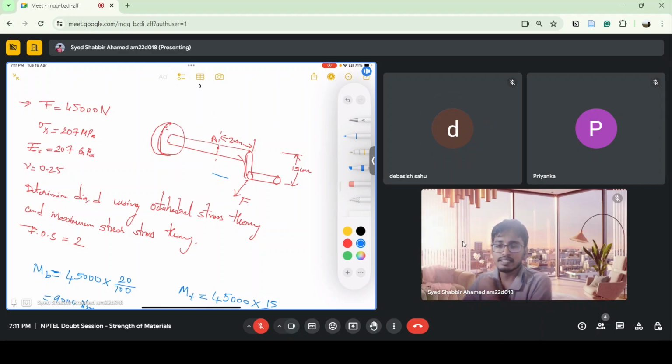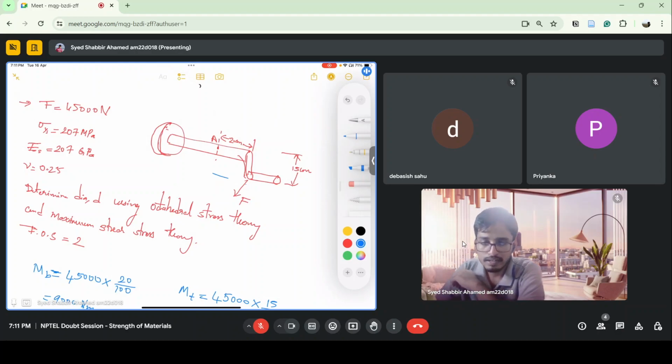There is a shaft which is like this as shown in this figure, and it is being applied by a force at the free end, which is 45 kilonewton, and the yield stress of the material, which is steel, is given, that is 207 megapascal, and Young's modulus, Poisson's ratio, everything else is given.